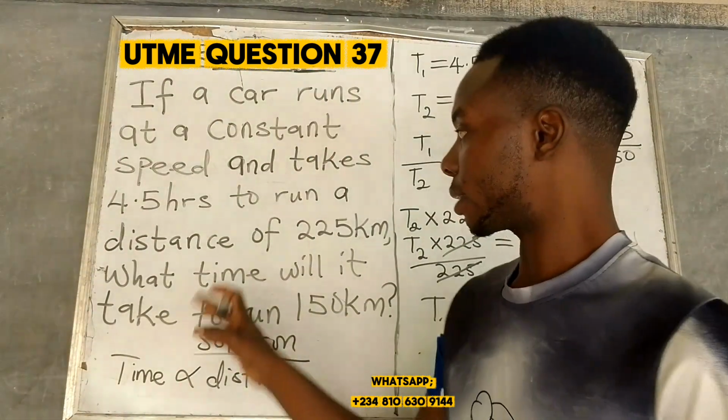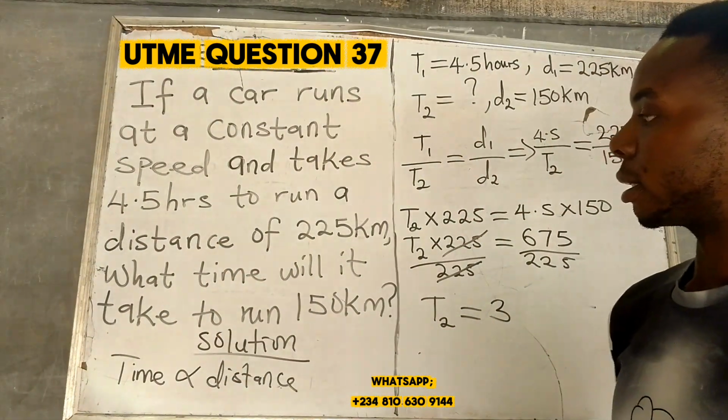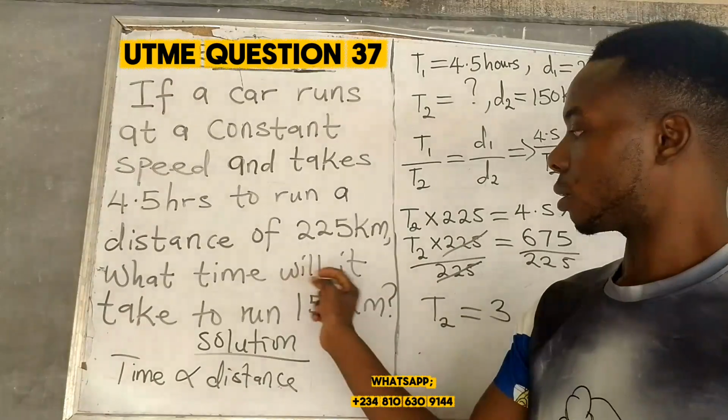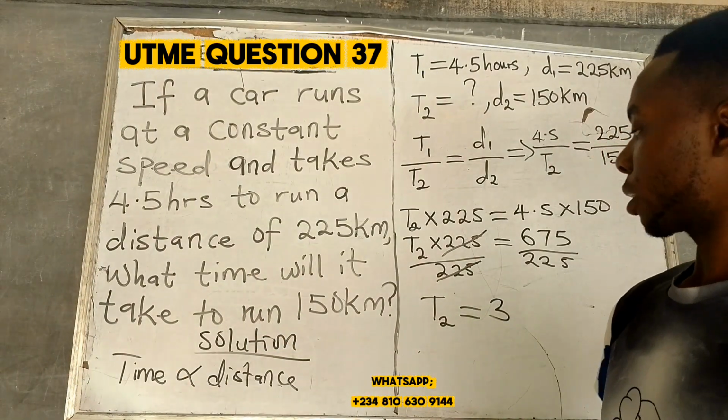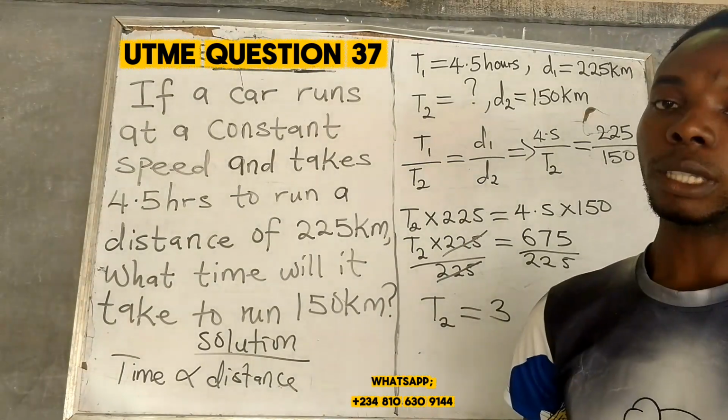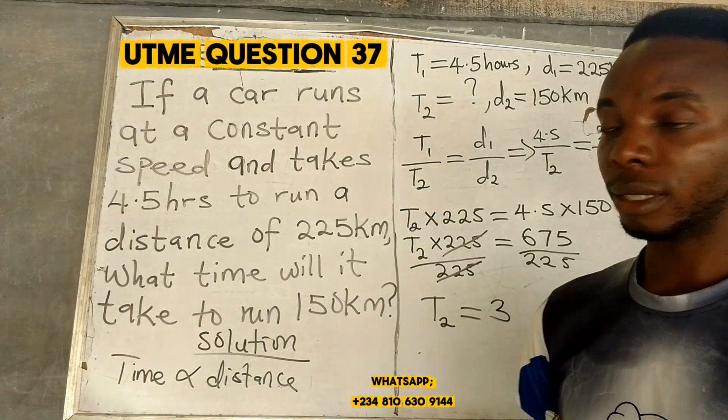Following this question, they said that we should find the time it will take to run 150 kilometers. So the time it will take is 3 hours. It's as simple as that.